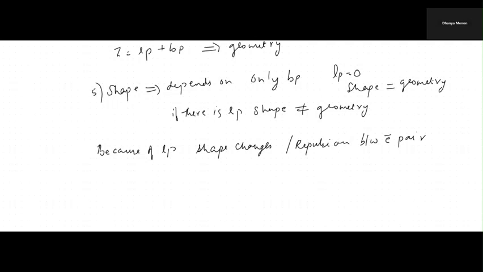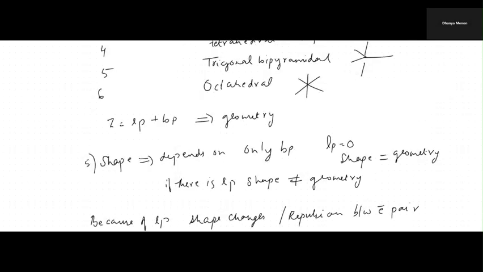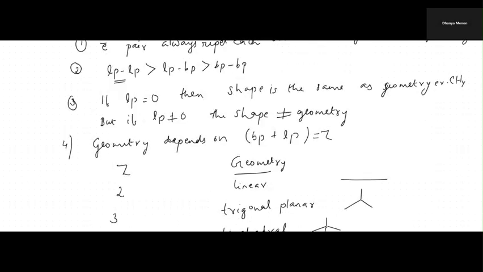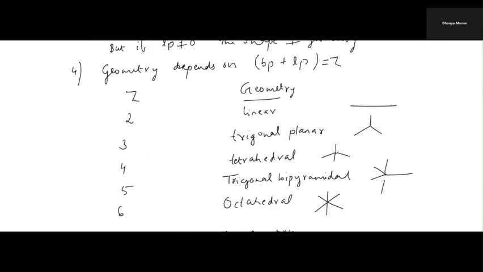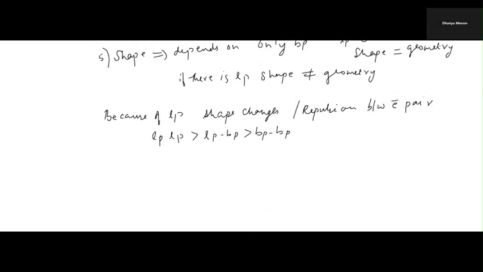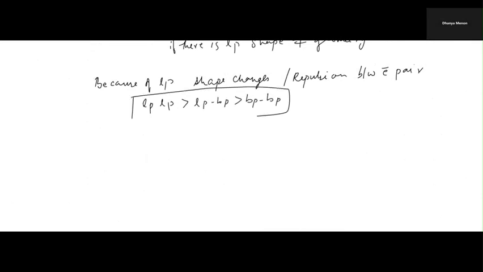And we know the order also. Lone pair-lone pair repulsion is greater than lone pair-bond pair, which is greater than bond pair-bond pair. Okay, so this was about the VSEPR theory. I hope till here it is clear, and this is what you must know. This is very, very important.